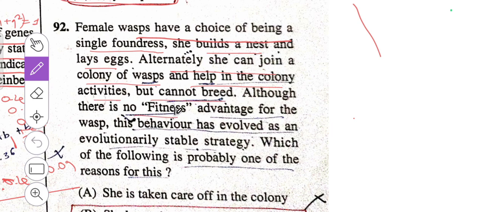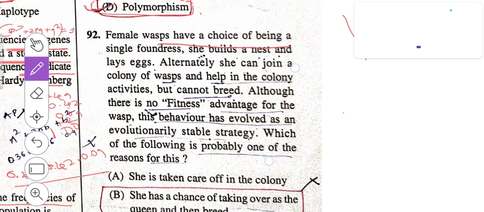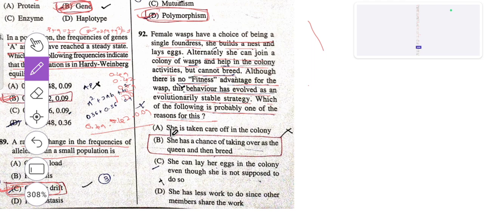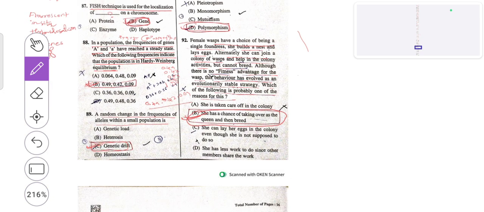Although there is no fitness advantage for the wasp, this behavior evolved as an evolutionary stable strategy. Which one of the following is probably one of the reasons for this? That is, she has the chance of taking over as a queen and then breeding. That is, B is the right answer.